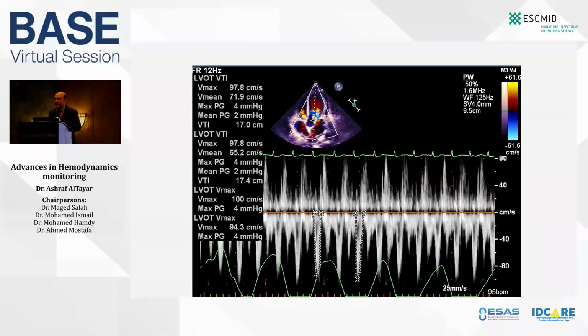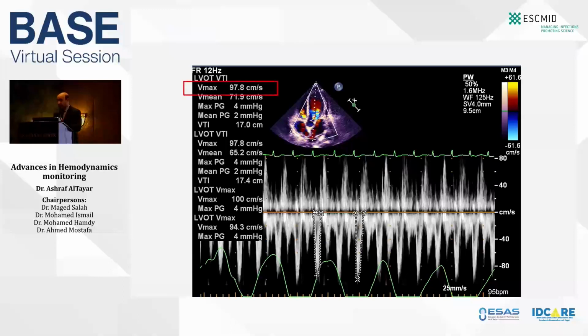VTI variation or peak velocity variation. If I have a number of the velocity time integral, the area under the curve, in inspiration compared to expiration, with a number above 14%, this is VTI variation: the hemodynamics vary with the change in the respiratory pattern and the cycle of respiration.